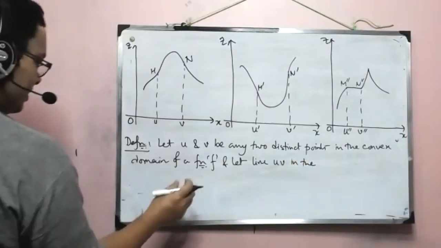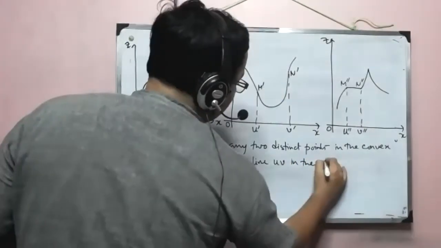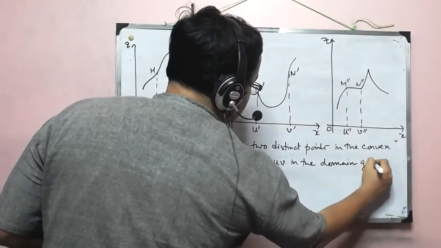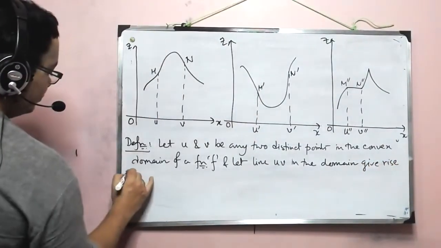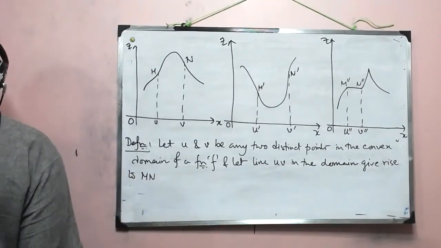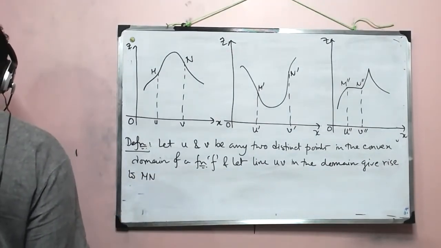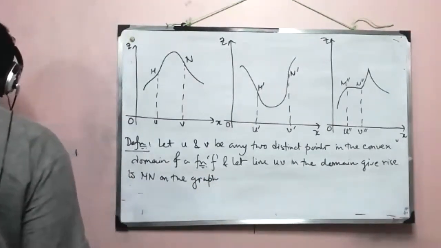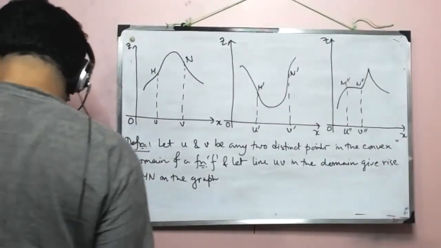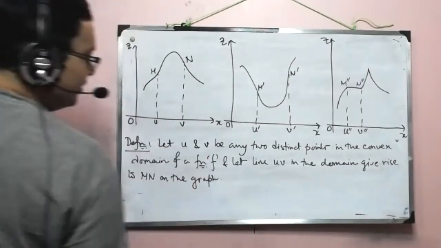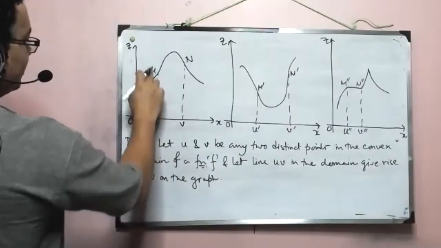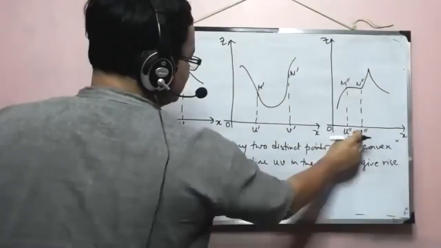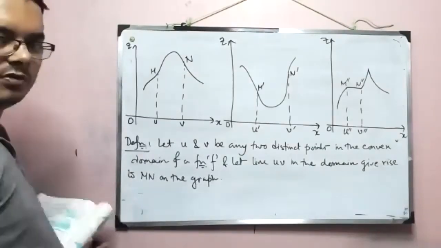As I said, we'll be looking into a section. So here UV generated this portion MN, U dash V dash generated M dash N dash, and here U double dash V double dash generated M double dash and N double dash.